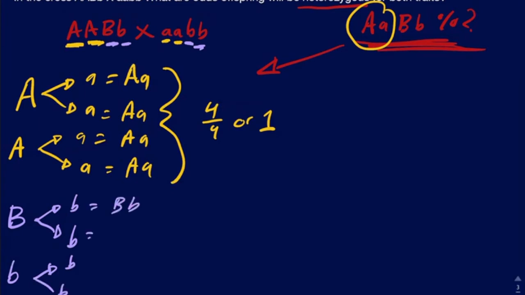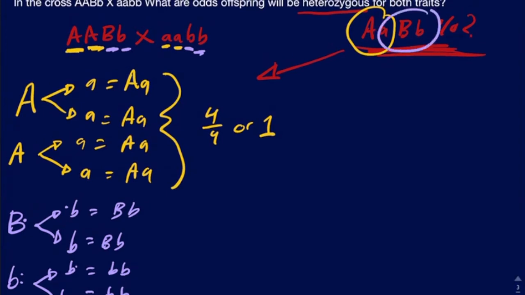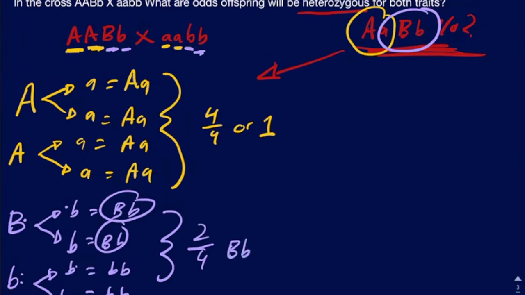And do the math, big B times little b, for the top, all of them would be heterozygous. For the bottom, big B times little b, then big B times little b, little b little b. And again, we're looking for the heterozygous phenotype, so that's this guy and this guy. So 2 out of 4 will be big B, little b.